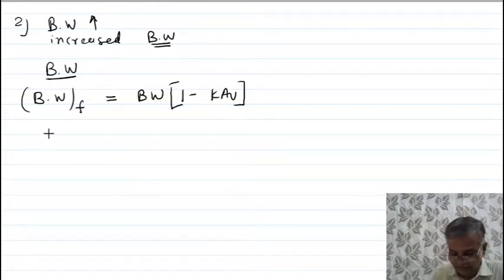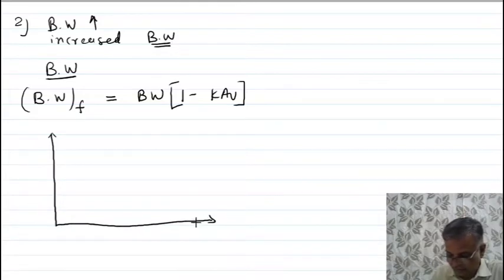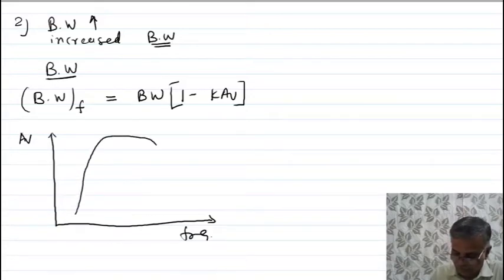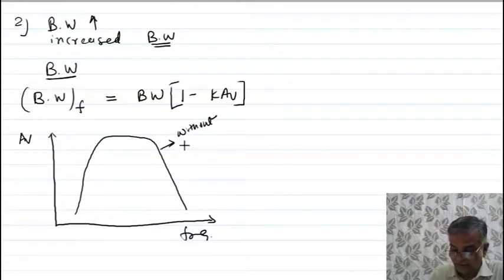Bandwidth means, for your understanding, let me draw again. Already you know, this is gain, this is frequency, this is your frequency response without feedback. Now I am using feedback, so this is your response with feedback.